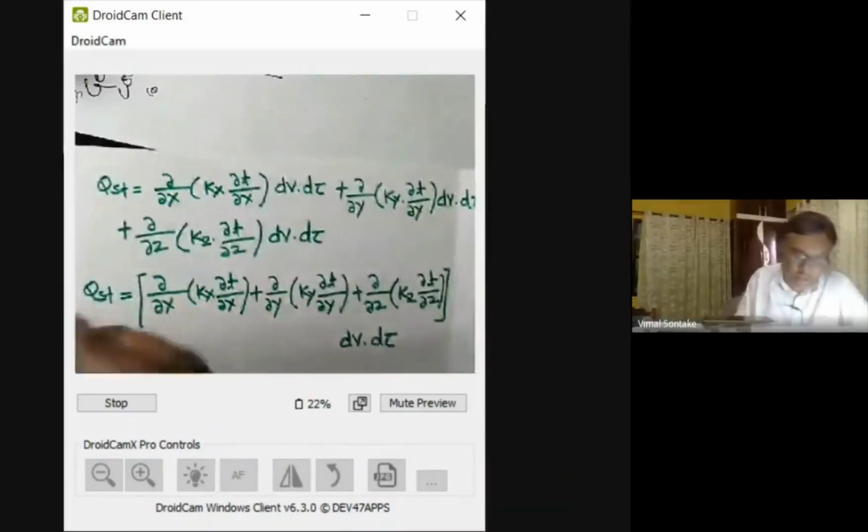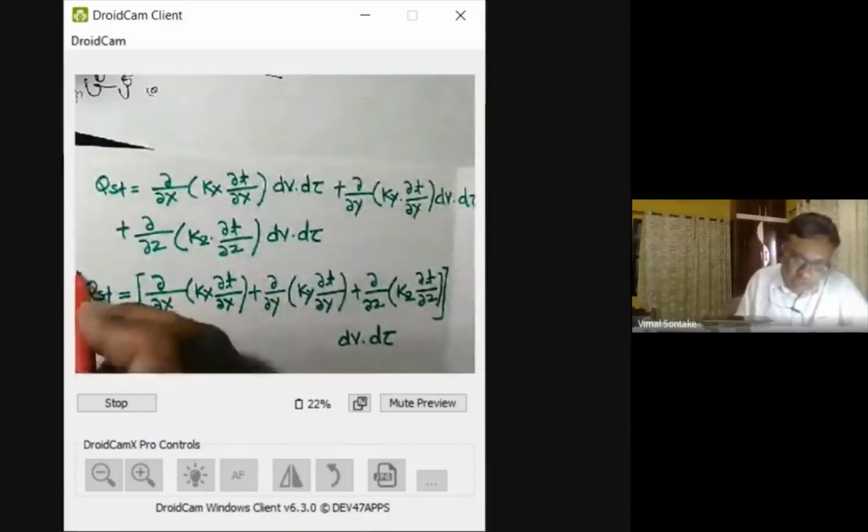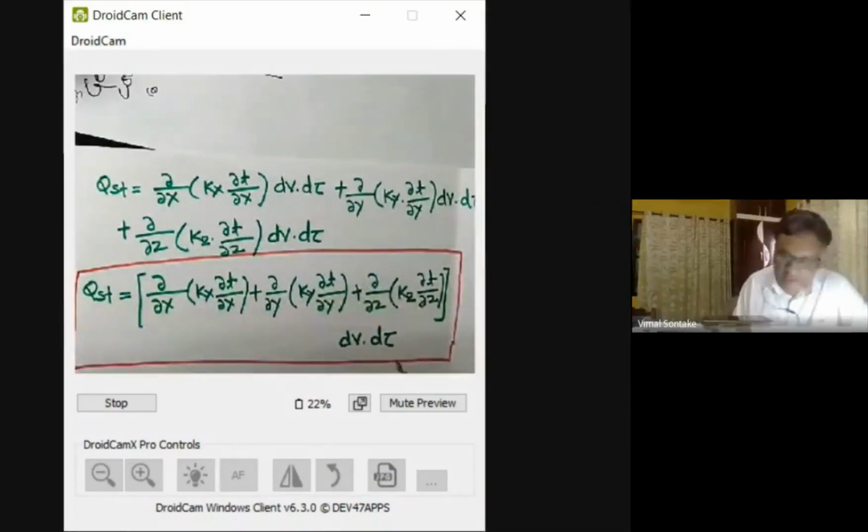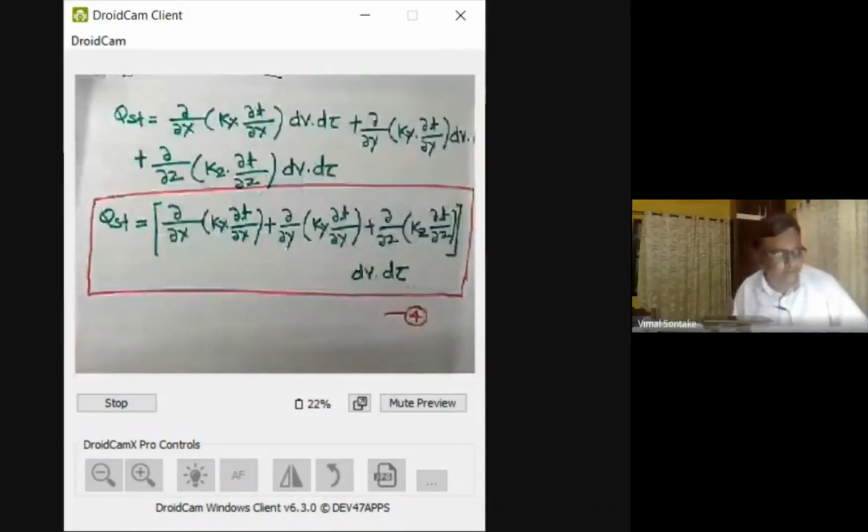So this is the expression for the total stored energy in the elemental volume due to heat flow in all three directions. Let us say this is equation number 4. Correct?